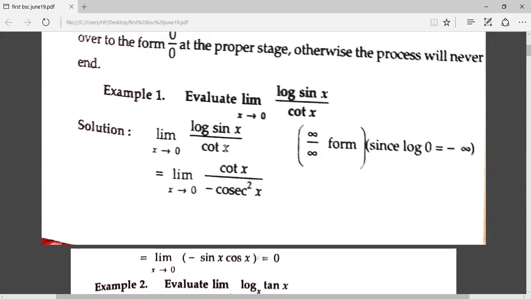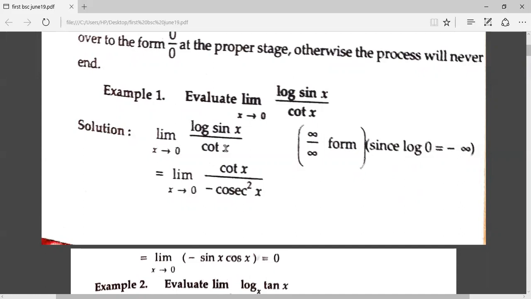It is 1 by sin x into cos x, that is cos x by sin x. What is cos x by sin x? Cot x. Next, you have to differentiate cot x, the denominator. If you differentiate it, you will get minus cosecant square x, as limit x tends to 0.